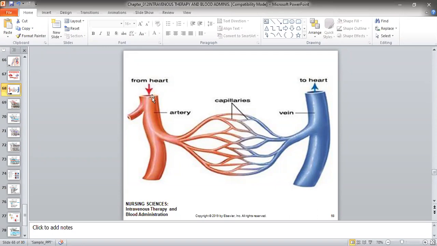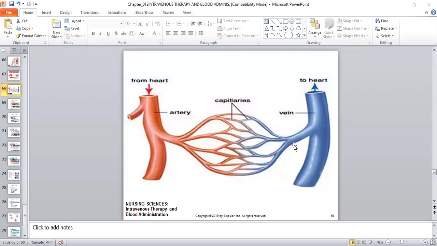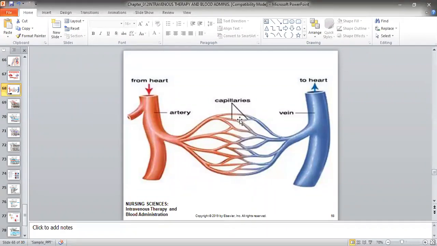So this is the artery, and this is the arteriole, right? And finally, they meet with the vein at the capillary level. This is the vein, this is the venules, and they meet with the artery at the capillary level again. So at the capillary level, oxygenated and deoxygenated blood are exchanged.